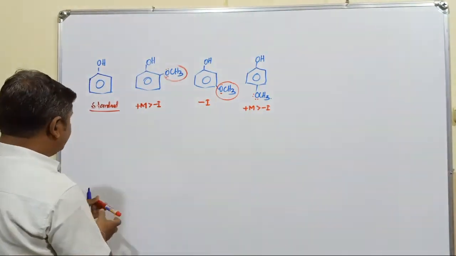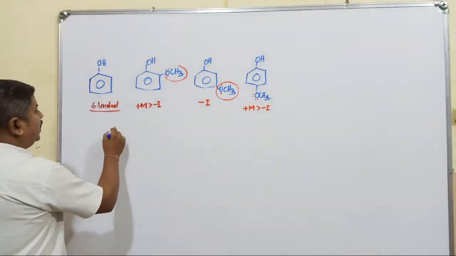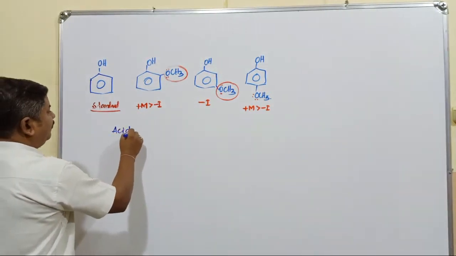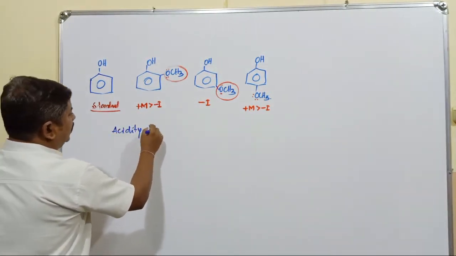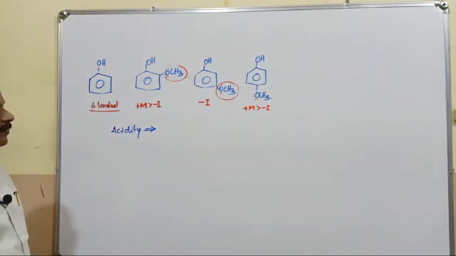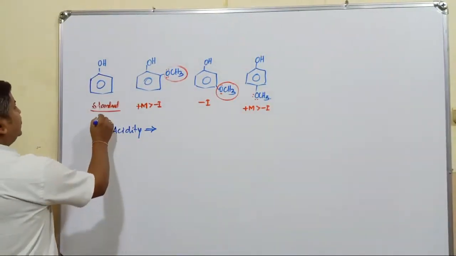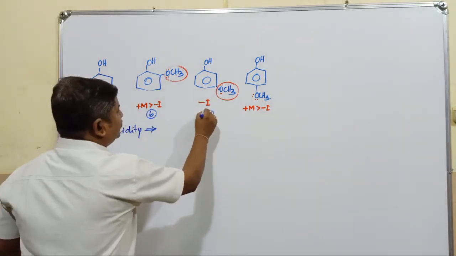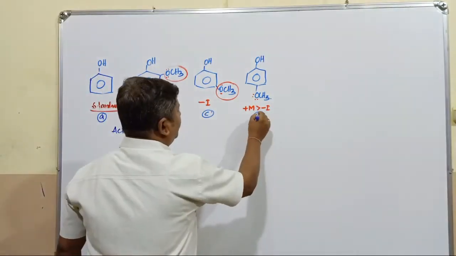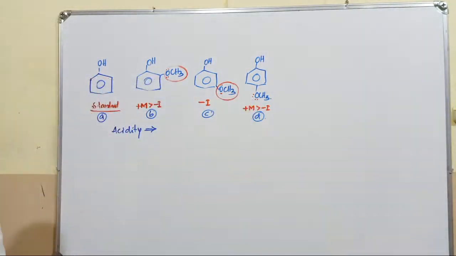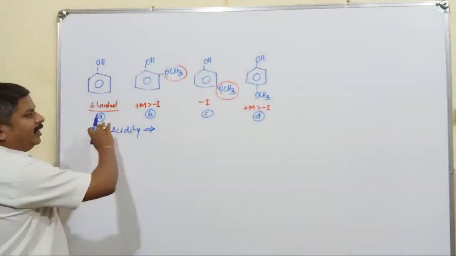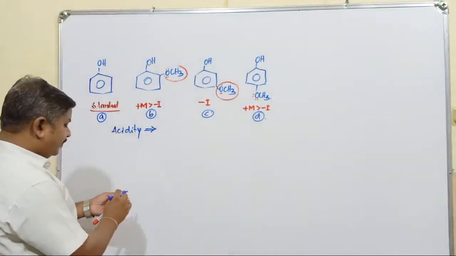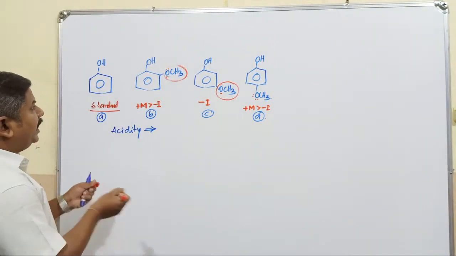Then what is the order of acidity of these four compounds? Let us consider this is compound A, next one is B, next one is C, next one is D.